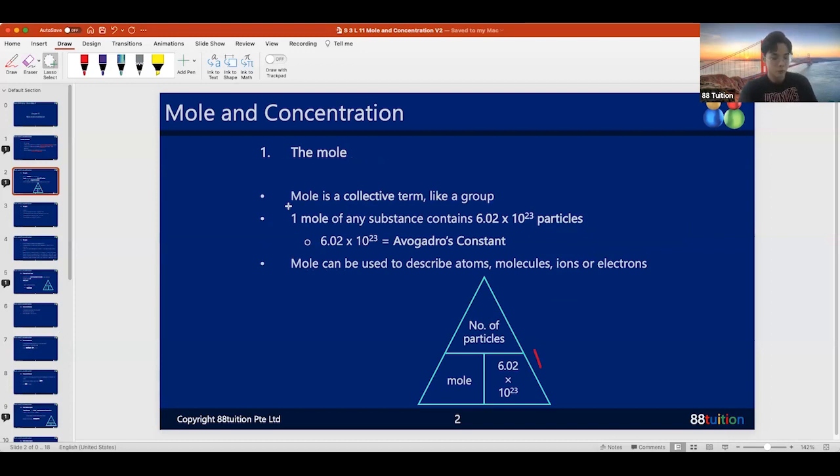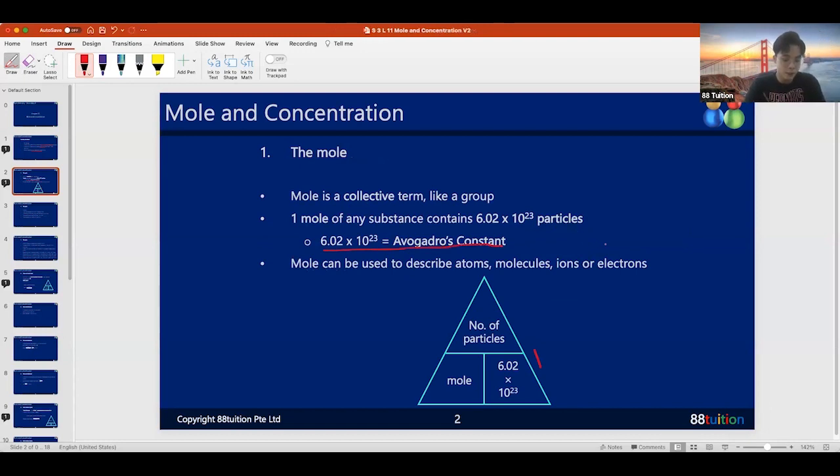Okay, so the first concept of mole, we need to know that mole is a standard unit, and it represents 6.02 times 10 to the power of 23 particles. So we have to know this number when it comes to mole.